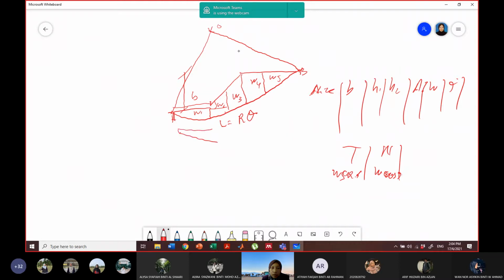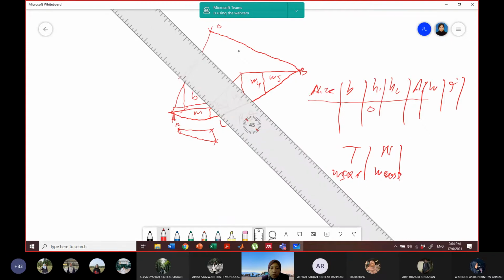So this is the trapezoidal, and due to this, W1 occurs at the point of A, so we can say that H1 for slice 1 is equal to 0, whereby for H2 you need to measure using the ruler what is the height or the vertical depth.